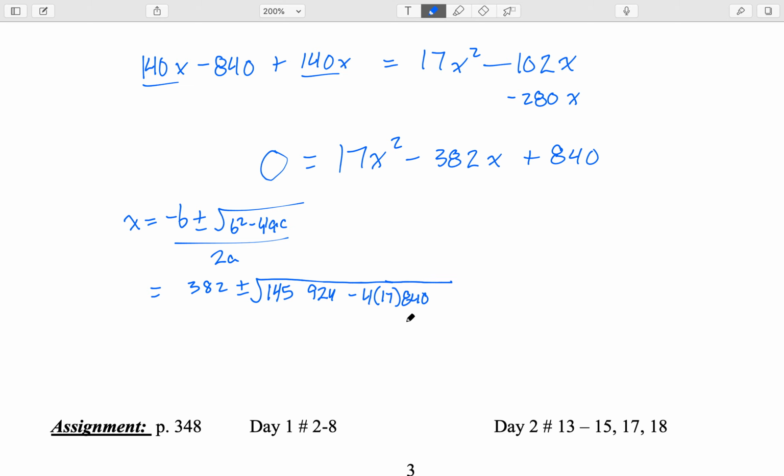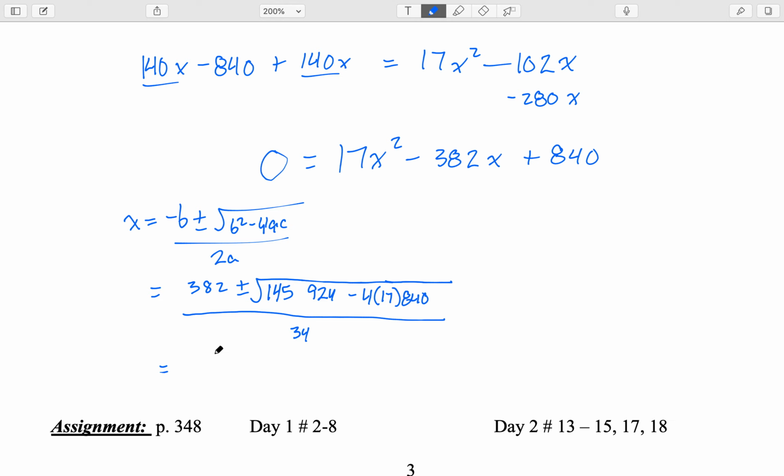Make sure that square root goes over the whole thing. The whole thing is being divided by 2 times a. So 2 times 17, which is 34. Okay, so what do we get? 145,924 minus 4 times 17 times 840, which is 88,804. So then I'm going to do the square root of that.